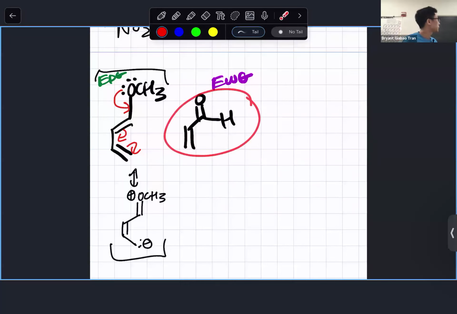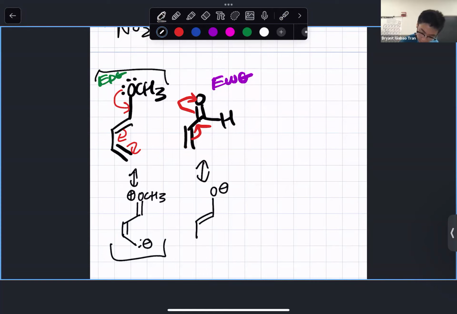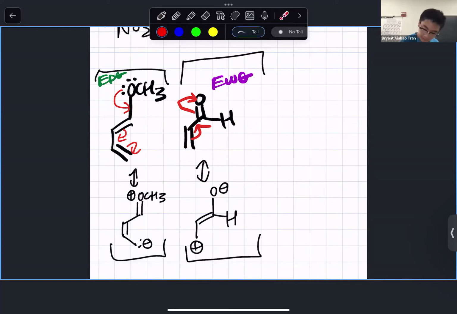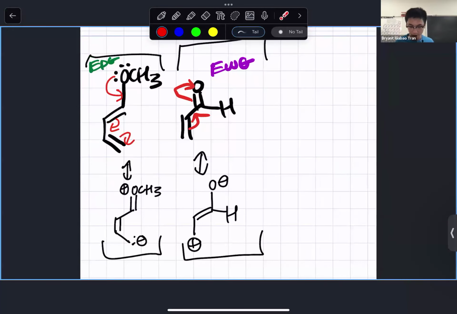This is an EWG, which is going to withdraw electrons from the dienophile. So the resonance structures will look like this, where that dienophile's electrons are being withdrawn from this EWG here. When that happens, we get this resonance structure here, where because this carbon here lost the bond, that carbon has a positive charge right there. Right? Okay.